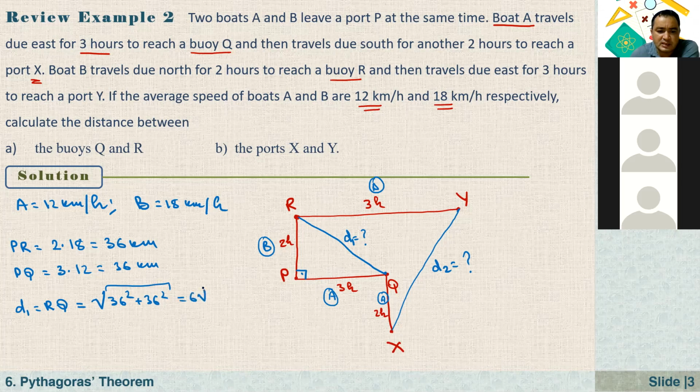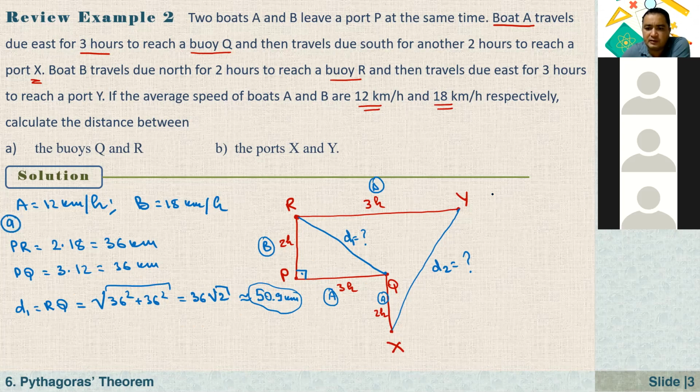That's equal to 36 times square root of 2. That's approximately 50.91 kilometers. So the distance between buoy R and buoy Q is 50.9 kilometers. Okay, that is part A.